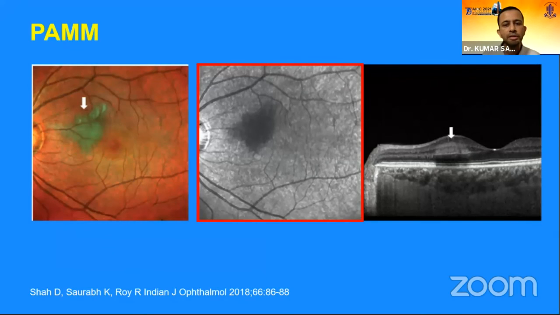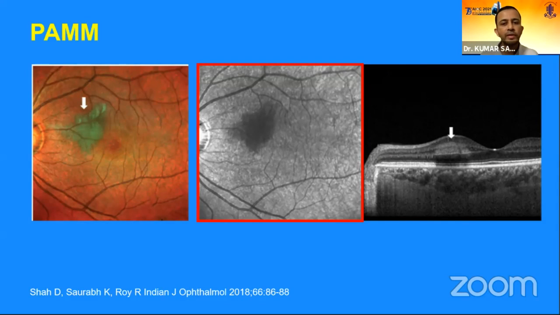If we do an OCT and infrared reflectance image, then we can see the further classical pictures. Here the infrared reflectance is dark. Why is it dark? Because the PAM lesion is present in the inner retinal layers, the inner nuclear layer, and it is a thickening, and it is casting a shadow.